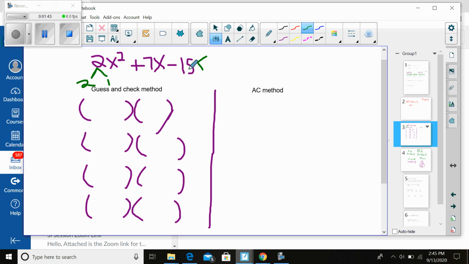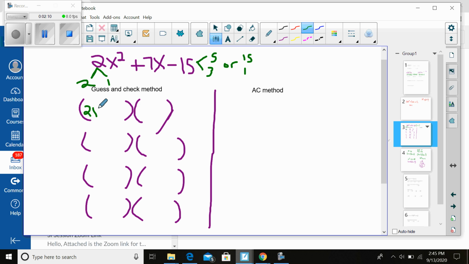And this is negative, meaning when I say the factors are 5 and 3, it could be -5 and +3, or it could be +5 and -3. So I'm also going to have to play around with my signs a little bit. Looking at the 7, I kind of feel like I won't use the factors 15 and 1, but they're possibilities. And then I just guess and check.